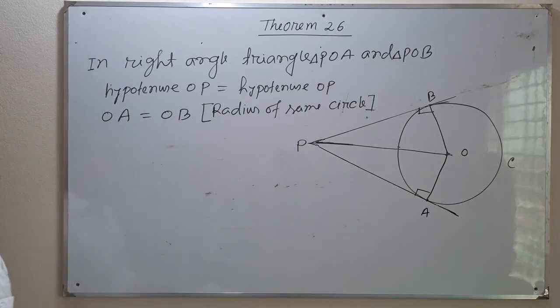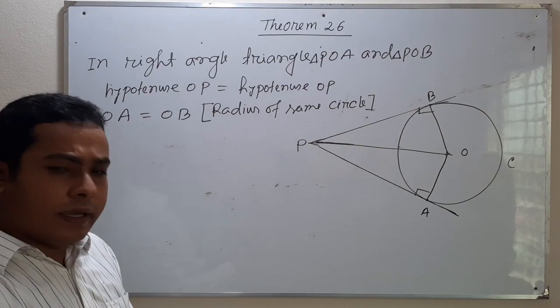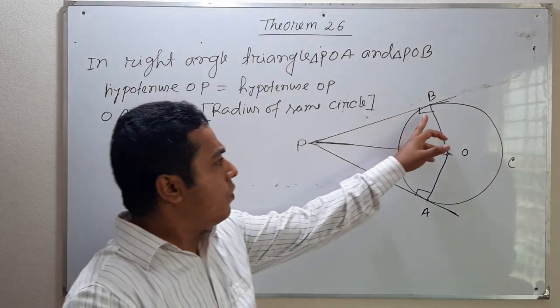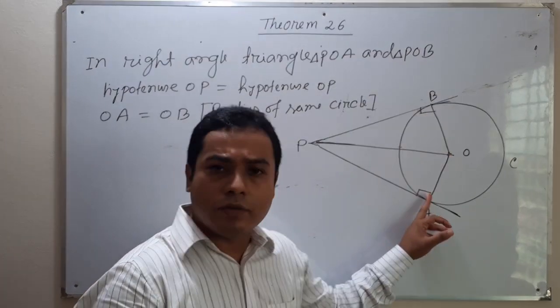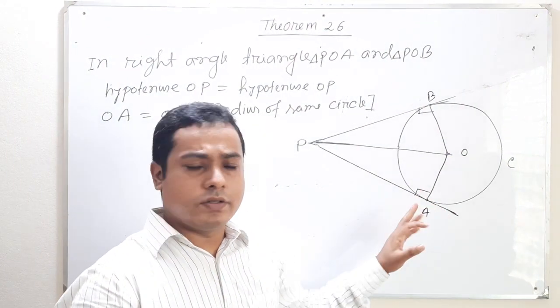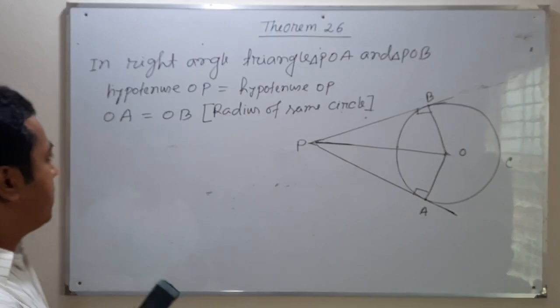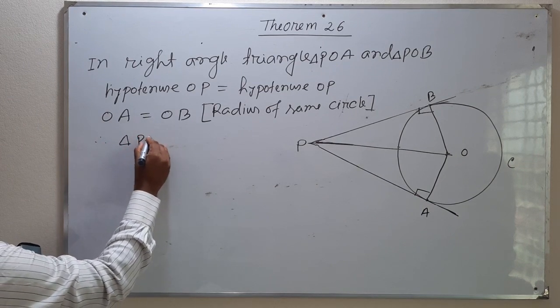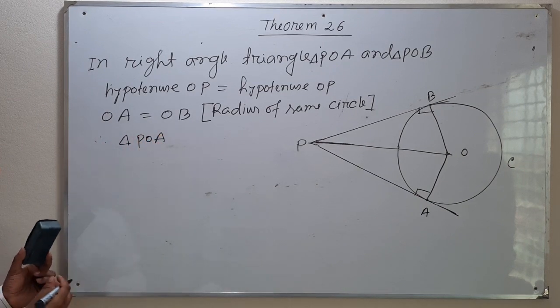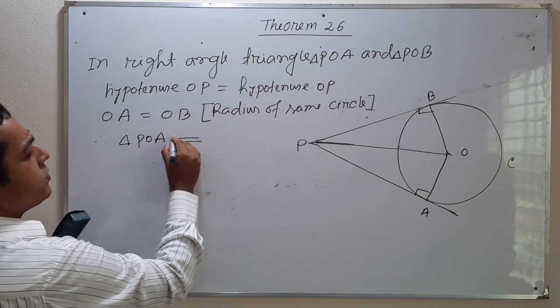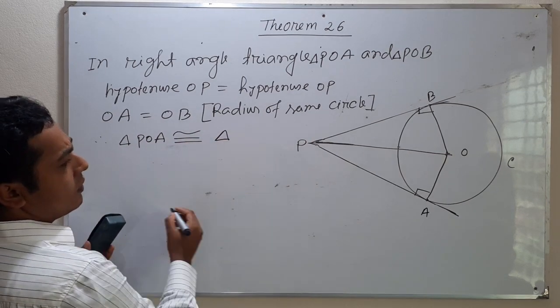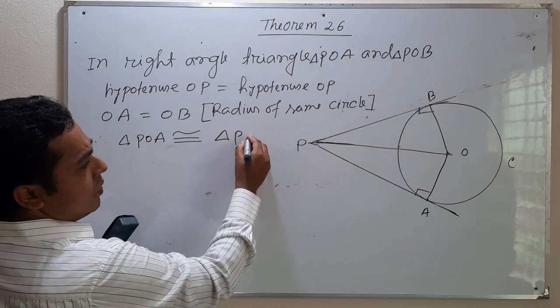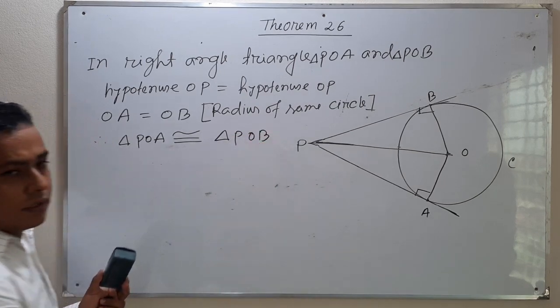Now, one angle of this triangle and another angle of this triangle are 90 degrees. So it is required to show the triangle POA is congruent to triangle POB.